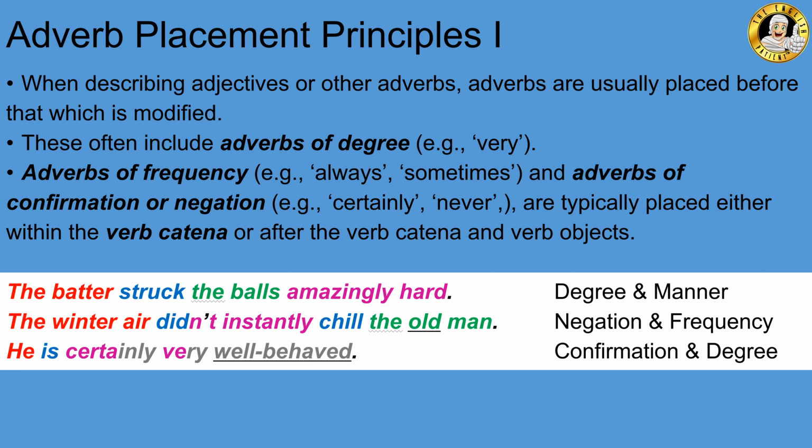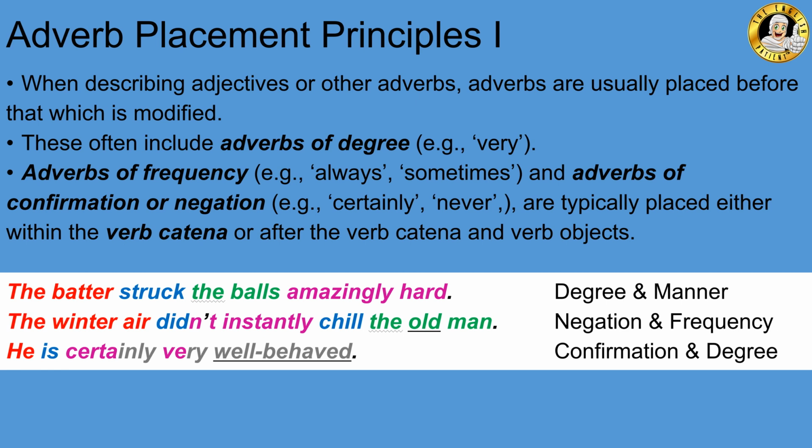And then we've got an example of confirmation and degree. So he is certainly very well behaved. Now, all of this is part of actually the subject complement, but I wanted to show which ones are the adverbs within this adjective phrase here, which is going to describe the subject he.